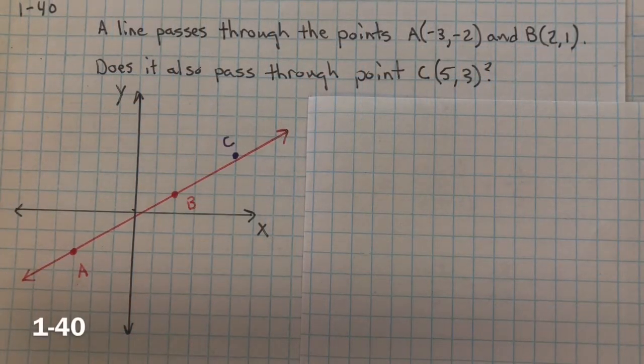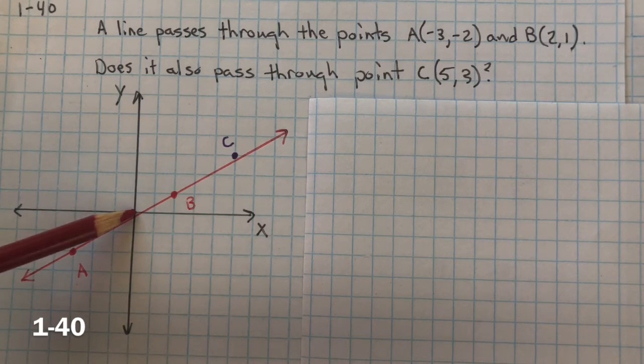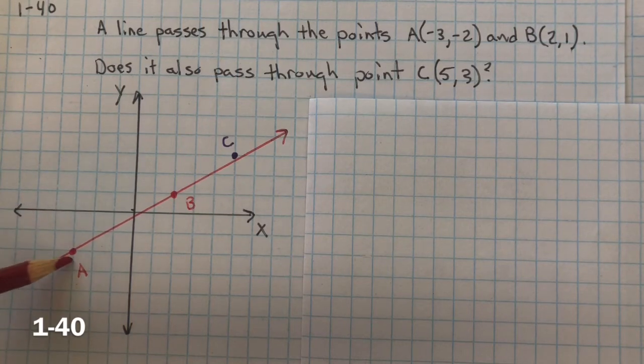For number 40, a line passes through the points negative 3, negative 2, and 2, 1. Does it also pass through 5, 3? So let's review plotting points. You always start at the origin, and we're going to have point A at negative 3 on the x, negative 2 on the y.